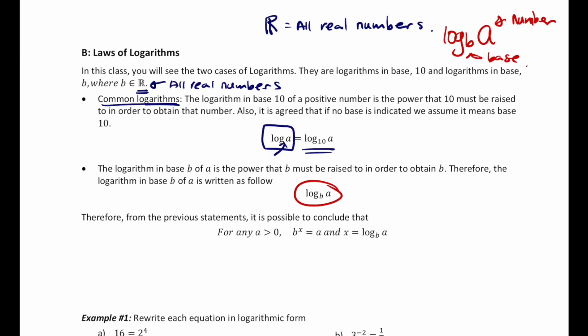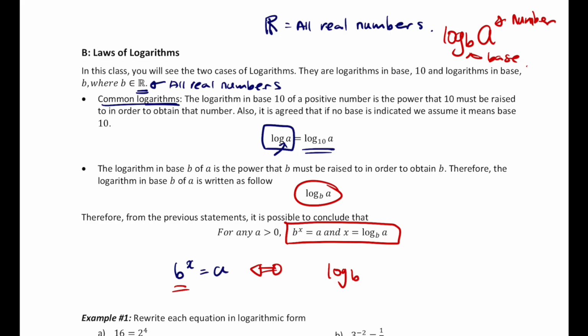Okay, and also the laws of the logarithm are closely related to the laws of the exponent, and it can be concluded in this form. If we have the exponent equation b to the power of x equals a, it can be rewritten in the form of the logarithm. The base b becomes the base of the logarithm.